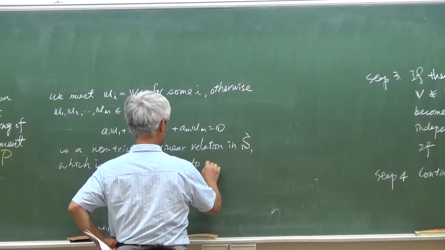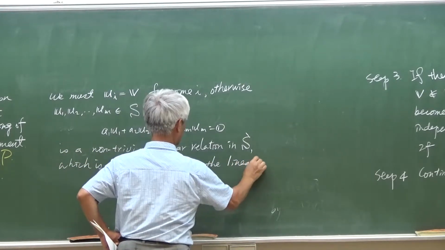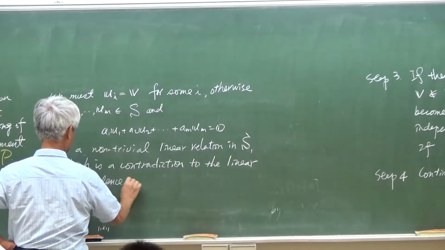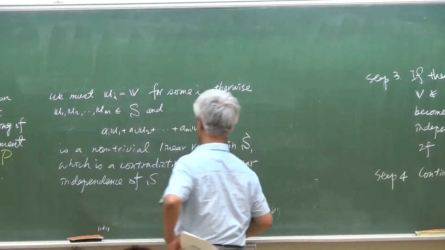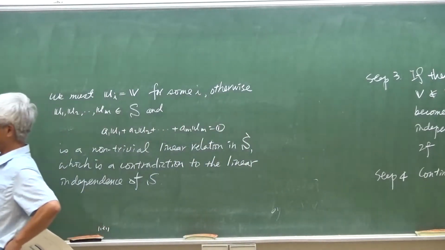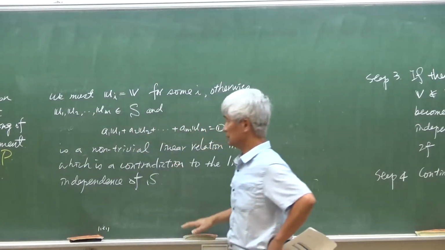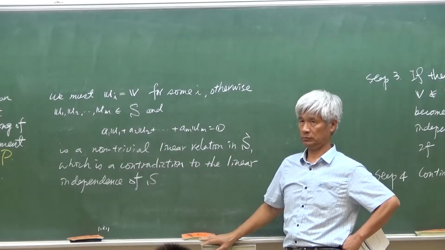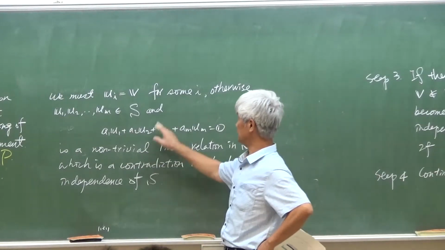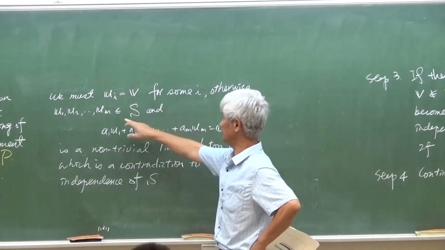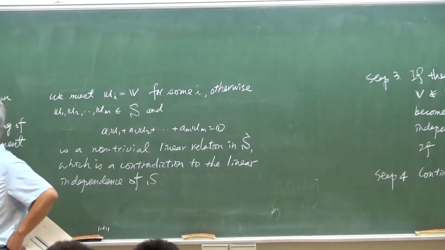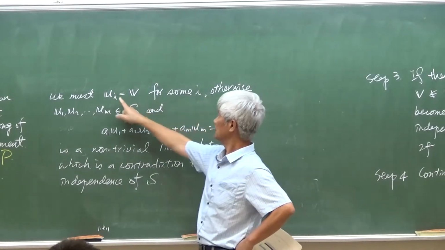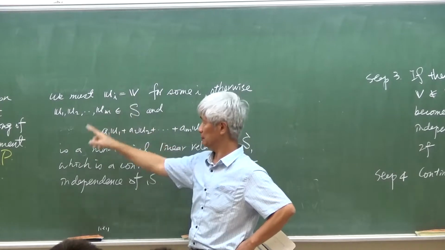Since S is linearly independent, we don't have any non-trivial linear relation in S. Otherwise, if all the u1 up to um are in S, then you get a contradiction. So that's why some ui must equal v.